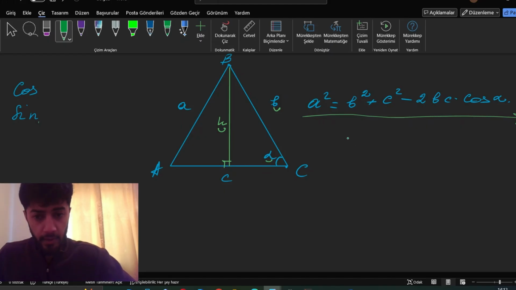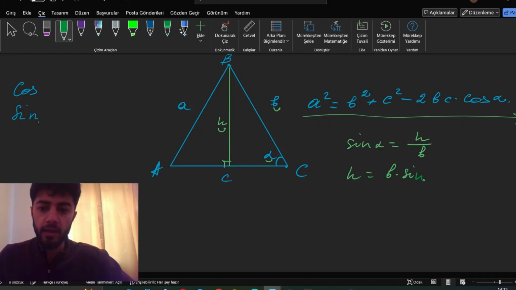We can find it. How? The sine alpha is equal to H divided by B, and we can find H from here. H is equal to B times sine alpha, right? So H is going to be B times sine alpha from now on.